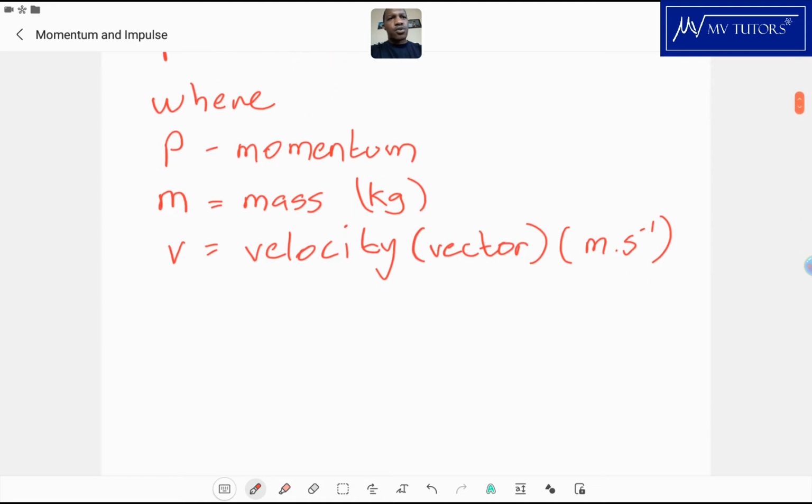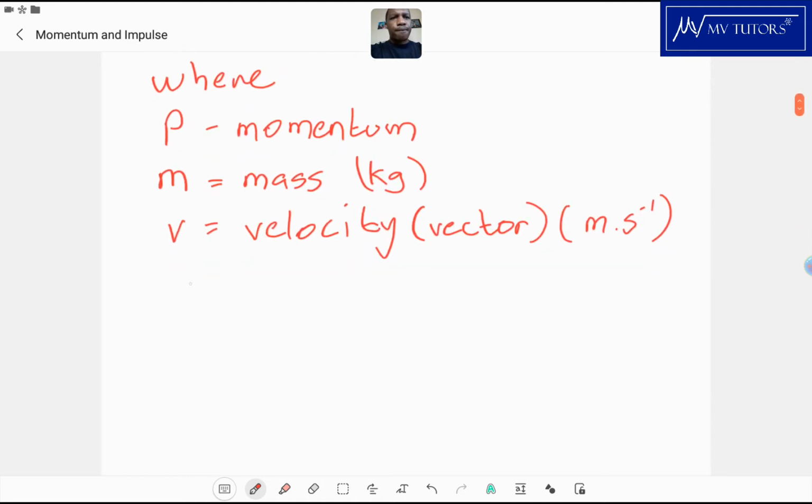So when we are talking about momentum, let's just look at the units. It's mass times velocity, where mass is in kg and velocity is in meters per second.